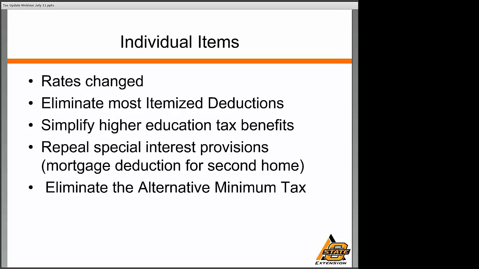If you look at the individual items that are being proposed, right now what's being talked about are changes in the tax rates. We're going from a much wider base to a much narrower base, as the president would like to.